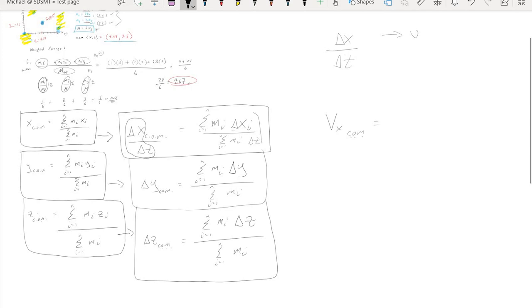But this is actually to our advantage, because we already said that each mass should be moving with its own individual velocity, and that's what this next combination tells us. We have a change in position over a change in time for each individual mass. And that means that we will have the x component of velocity for each individual mass as a part of the total summation.